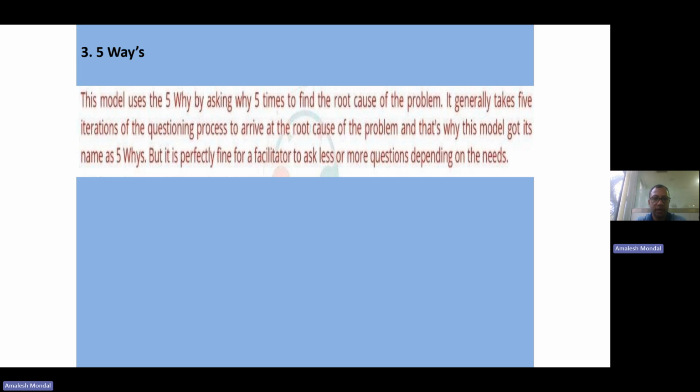But it is perfectly fine for a facilitator to ask fewer or more questions depending on the needs. आप 5 whys को 3 why में भी convert कर सकते हैं, मतलब less or more, depending on the needs. So that is the requirement of 5 whys.